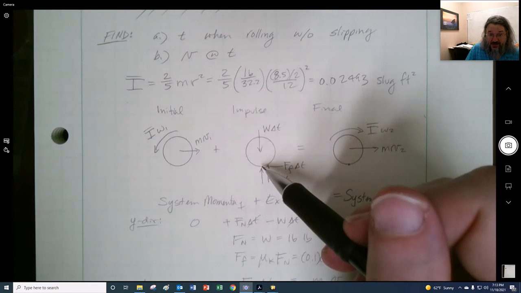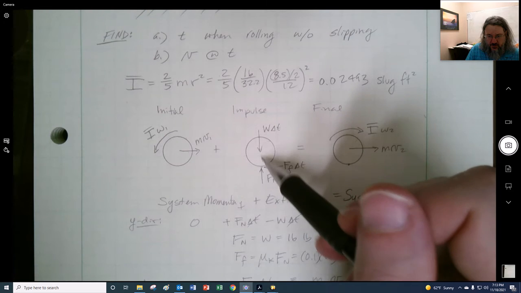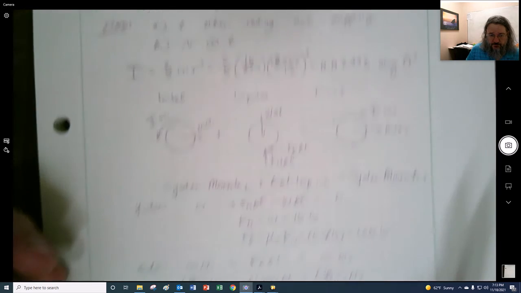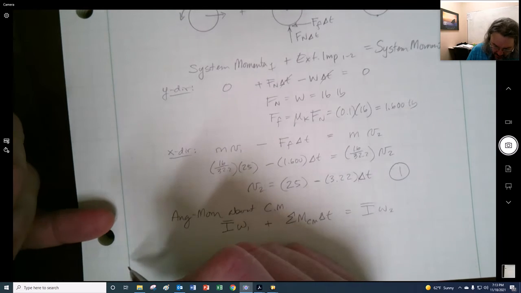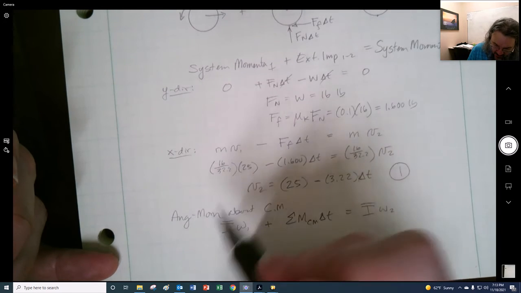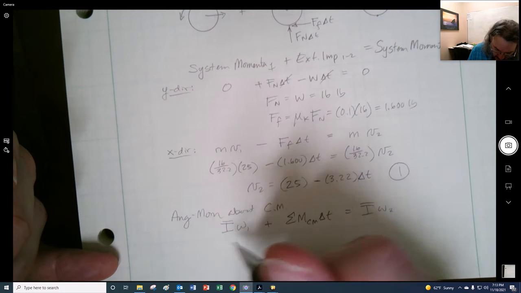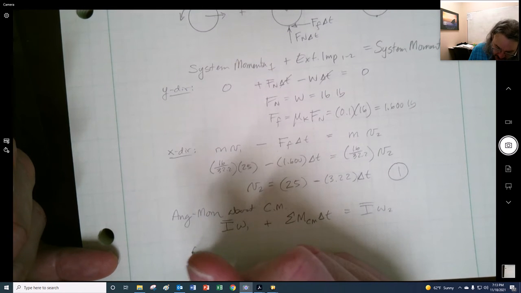We don't need to do the thing, like if we were to take it about right here, which would be kind of an interesting thing to do. Yeah. I need this omega 1. I was given it in RPM. I guess I was trying to be clever. So I need to have written that somewhere. I guess I'll do it within here. That's fine. So we got the moment of inertia.